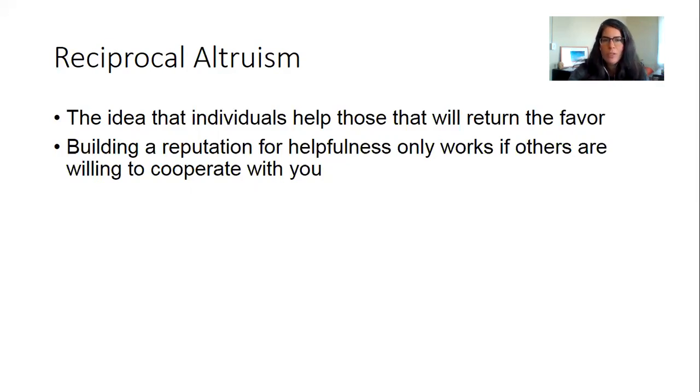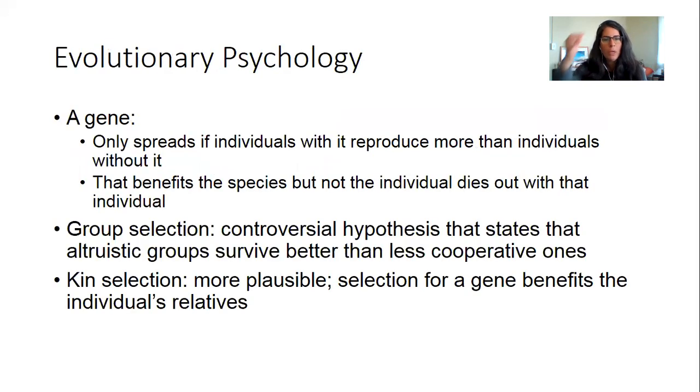So that's reciprocal altruism. I want to talk about altruistic behaviors that aren't as obviously reciprocated, that also put the individual of the species at risk of being harmed, like the firefighter who runs into the burning building, or the squirrel that calls out an alarm.